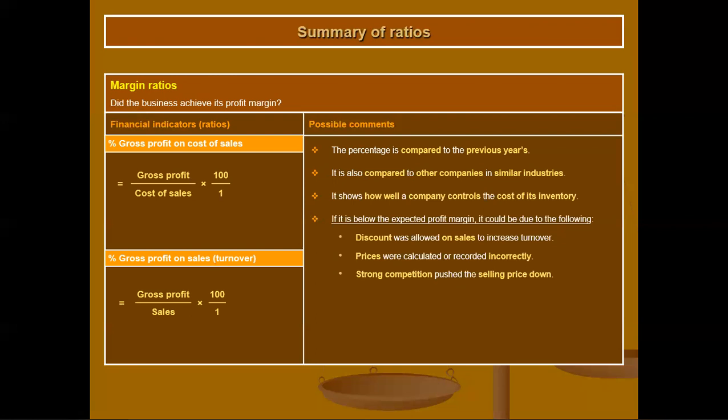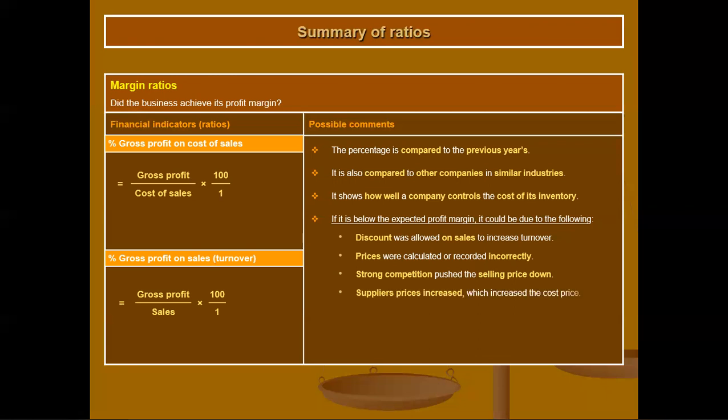Like in the pharmaceutical industry, you know that Dis-Chem is a tough competitor of Clicks. So if there's strong competition between the two, their gross profit on sales and gross profit on cost of sales will drop.